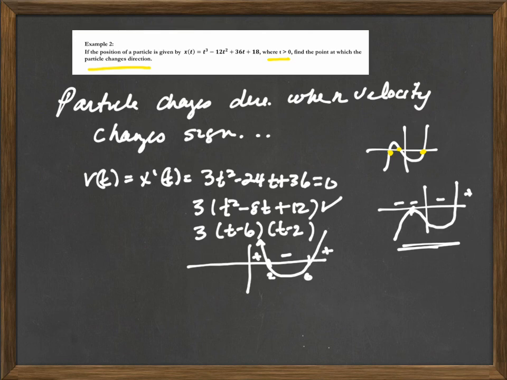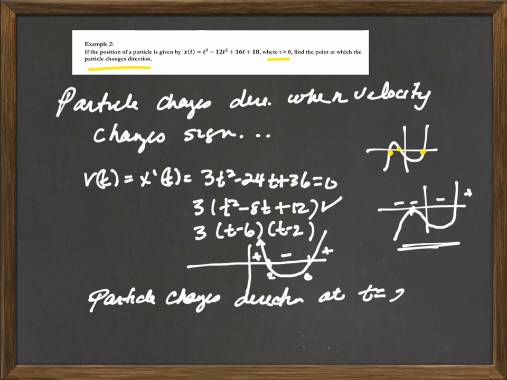So let's just say that the particle changes direction at t equals 2 and t equals 6. All right, that's exactly what it asked for, so we're done with number 2. And so we'll stop this video and go on to the next one for 3 and 4.